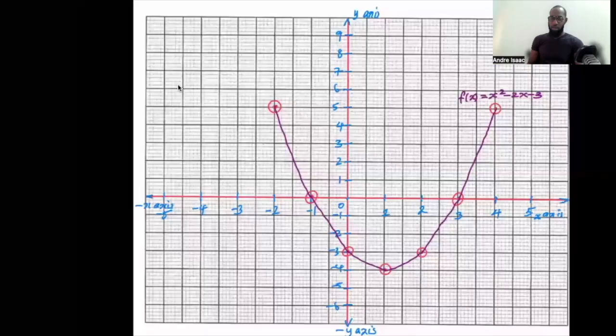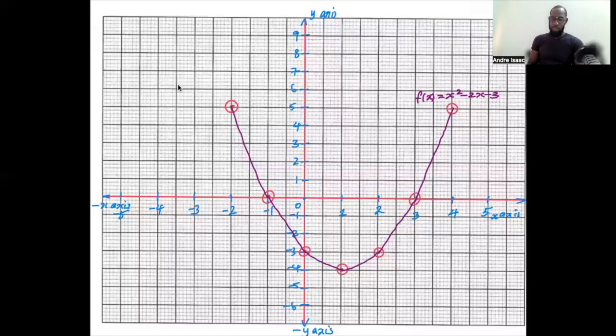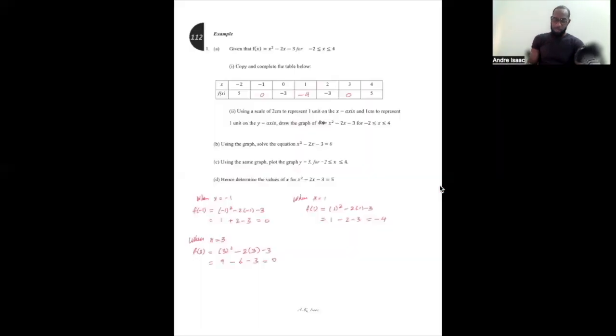So when you're using your graph, this point here is -1, 0, x, y. We clearly see that y is 0 here. And this point here is 3, 0, x, y. Clearly we see y is 0 here. So basically the x values are -1 and 3. That's my answer here.